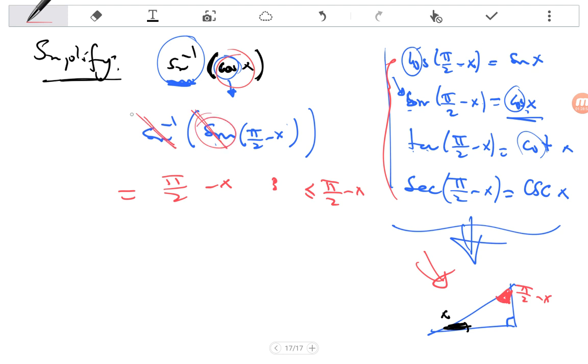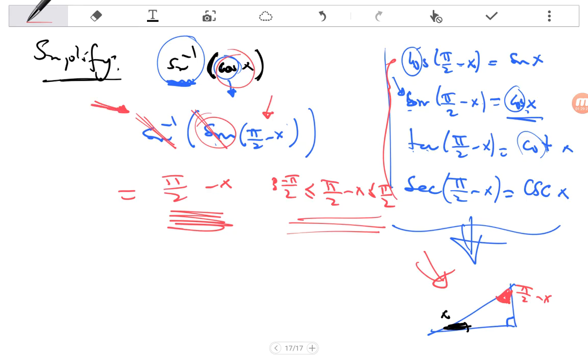That is, I can cancel these two by each other only for the restricted sine, which is from minus pi over 2 to pi over 2. But remember, I may put a value that is not included in the restricted domain. But in that case, I will not have a value like this. I will have a value that satisfies the output of the sine inverse.